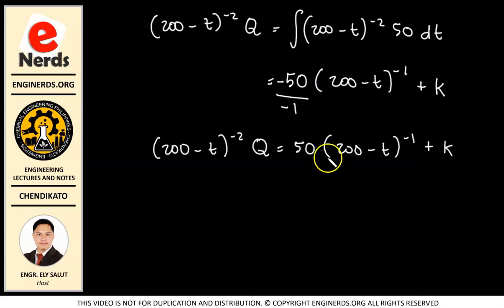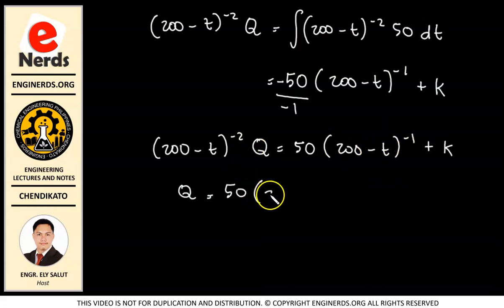Alright, so I want to isolate yung q sa left side ng ating equation. So we're going to transpose this sa right side ng equation. So we have q is equal to 50 times 200 minus t to the negative 1 divided by 200 minus t to the negative 2. So that means we will have positive 1 no, sa ating exponent.